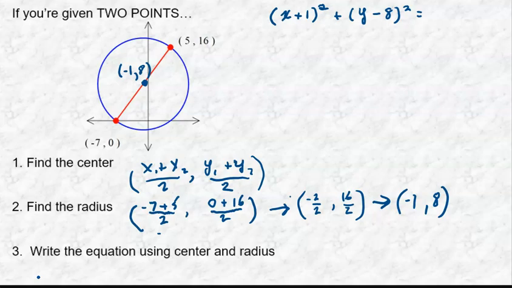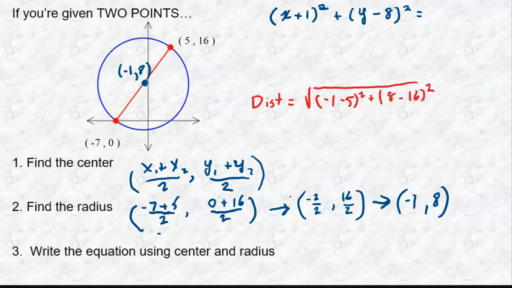Now, I'm going to use the distance formula. I will write it again in red for the sake of an evil connotation. And I will set it up -1 minus 5 squared plus 8 minus 16 squared.